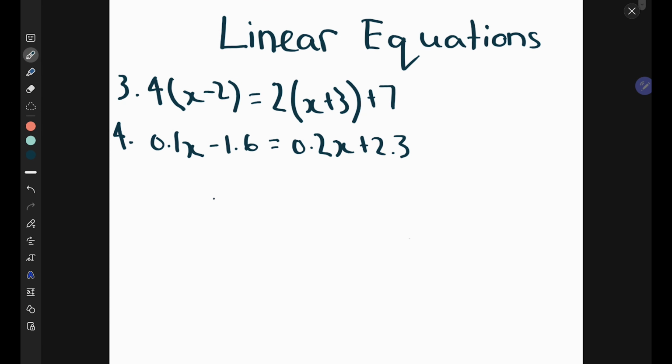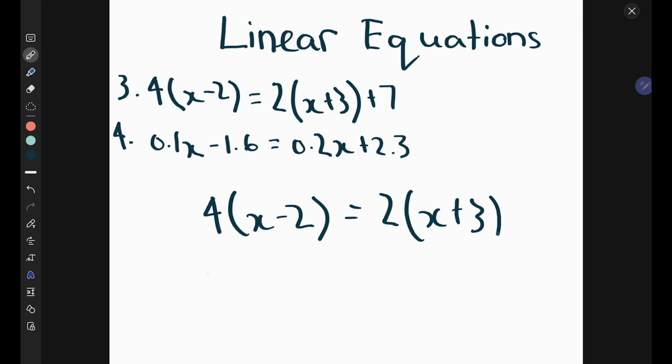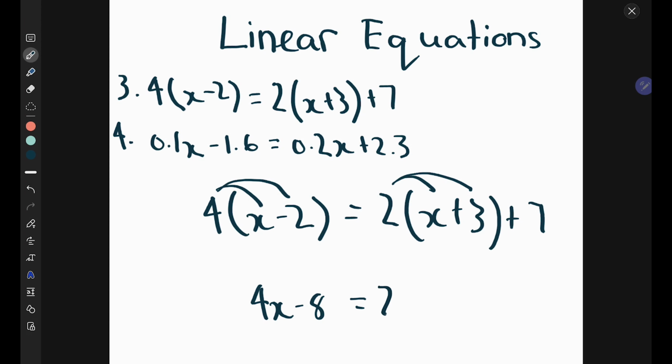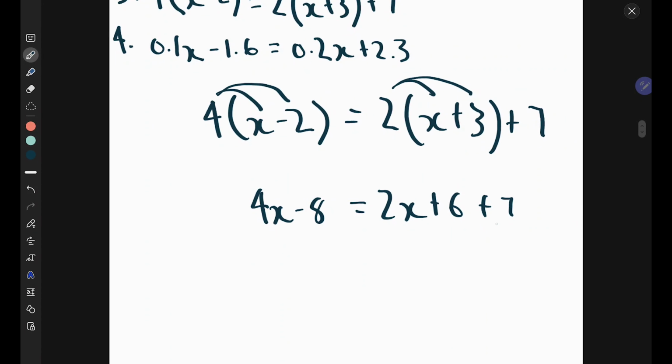Okay, so now we have 4x minus 2 equals 2x plus 3 plus 7. Alright, so we expand again like the old one. So this becomes 4x minus 8 equals 2x plus 6 plus 7. So I'm just gonna simplify this right now. So 6 plus 7 is 13, so I'm gonna do this plus 13.